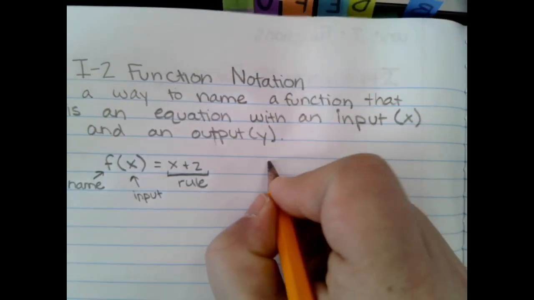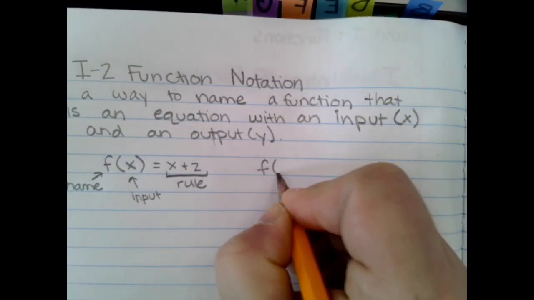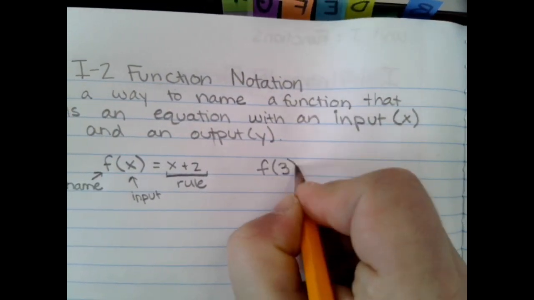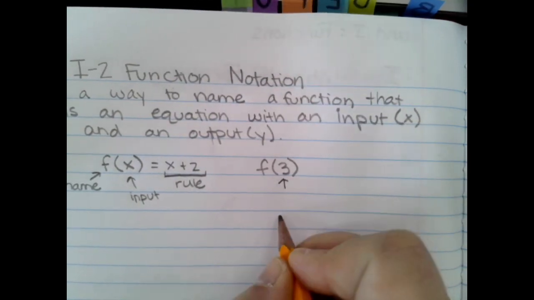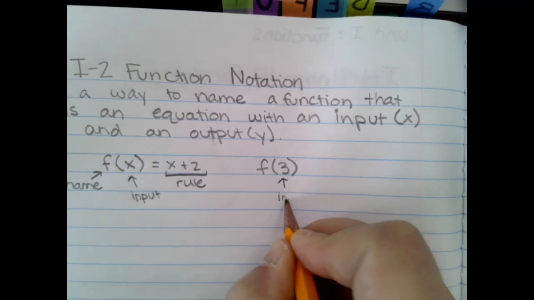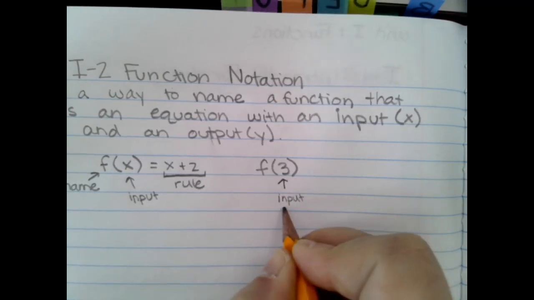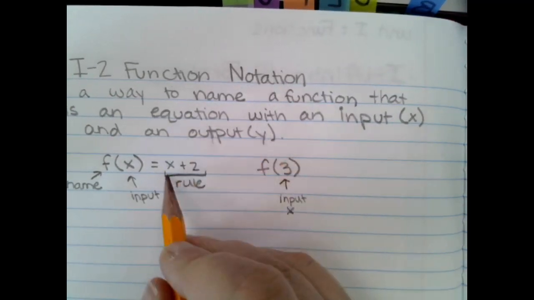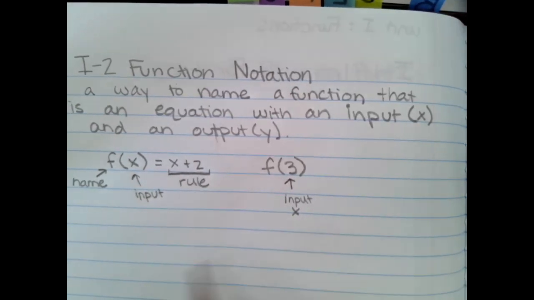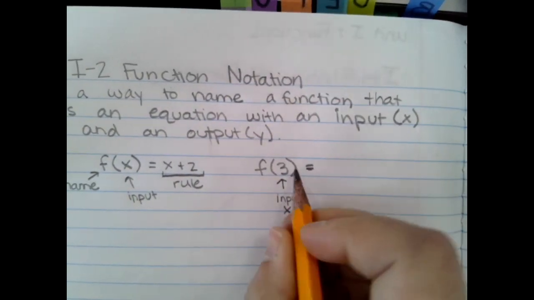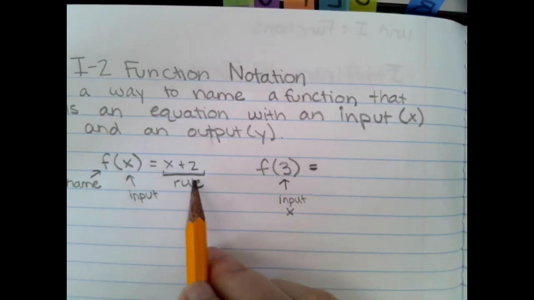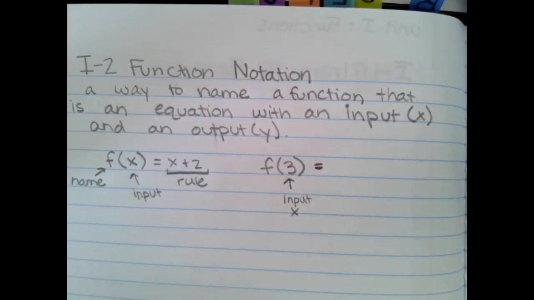All right, so if I start with f, and I have 3 in the parentheses, 3 is which part? The input, or the x. So this is telling me to put 3 into the function and do the rule using 3 as my x. So what would that equal if I put 3 in?